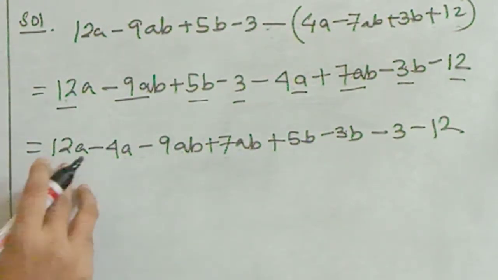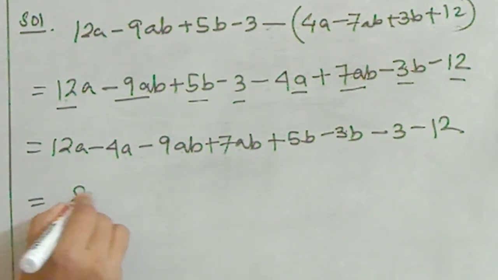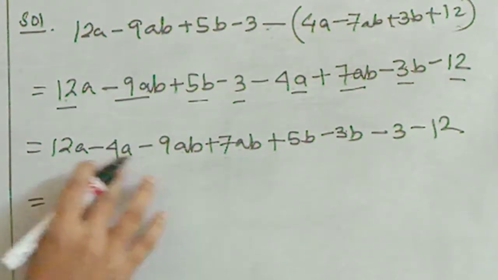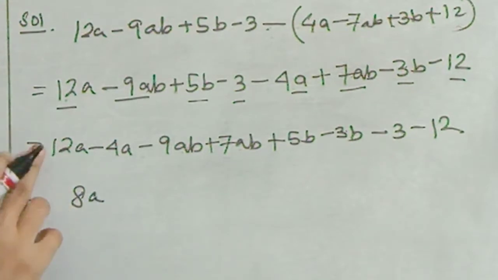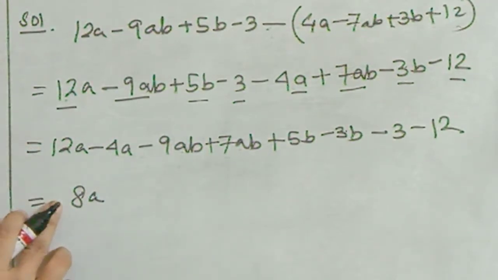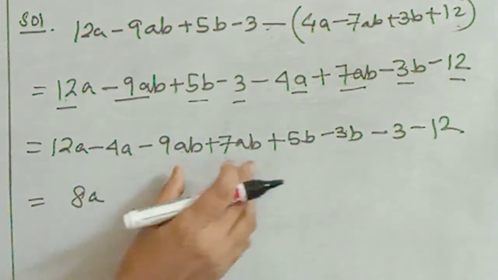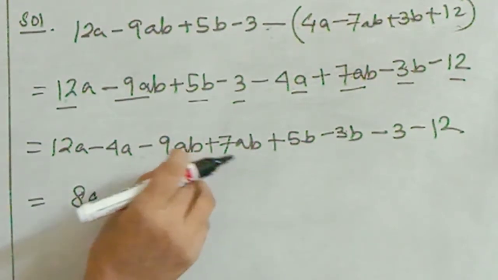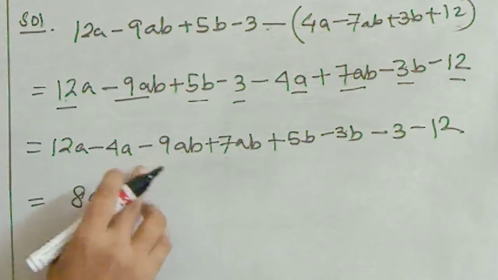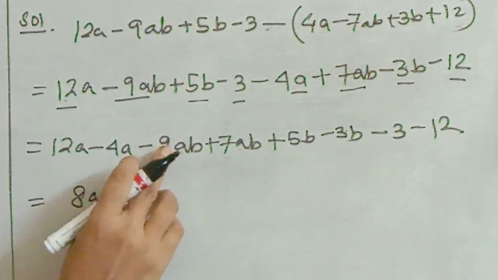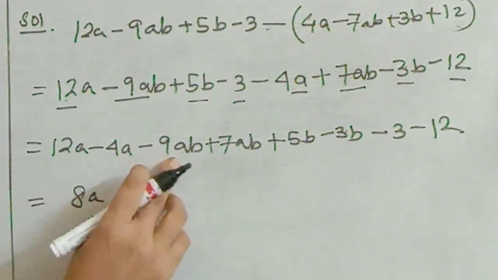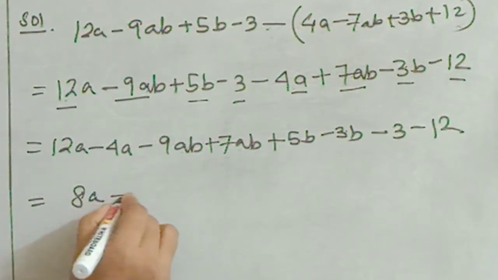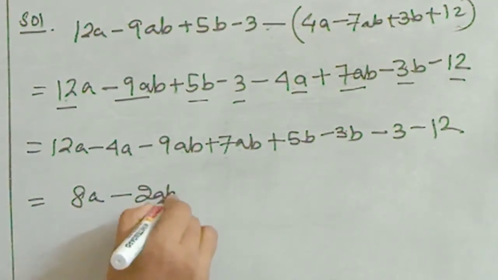Now 12a minus 4a, the result of the subtraction is 8a, and there is a plus sign in front of 12, so plus 8a. Minus 9ab plus 7ab, different sign, you need to subtract. 9 minus 7 will be 2, and as the larger number 9 has a minus sign, you will write minus 2ab.